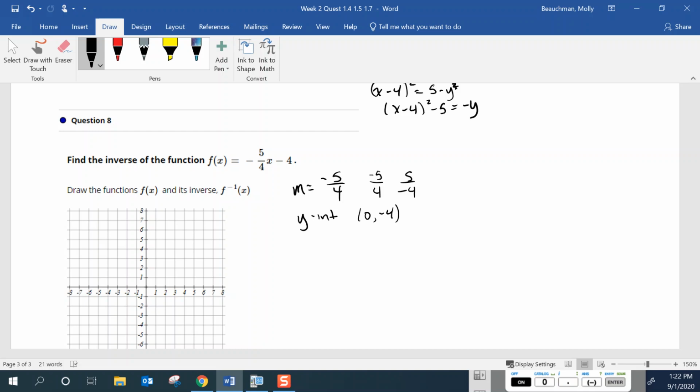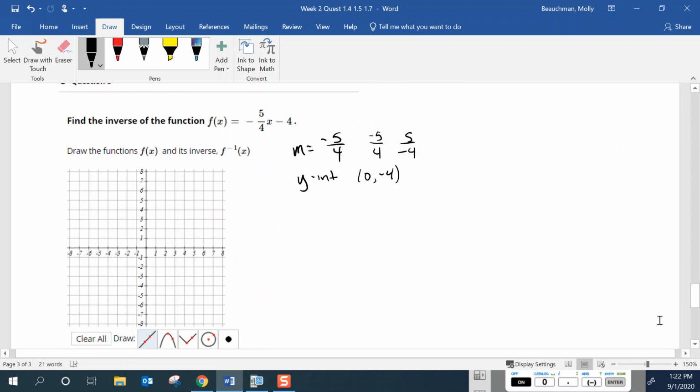So I'm going to go ahead and graph that. I know a coordinate of the y-intercept is (0, negative 4). And then I'm going to count either up 5 to the left 4 or down 5 to the right 4. Well, my graph doesn't have a bunch of room on the bottom, so I'm going to use this version of the slope and count up 5, 1, 2, 3, 4, 5, to the left 4.